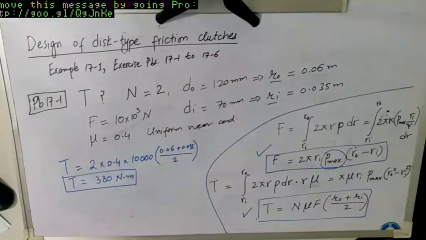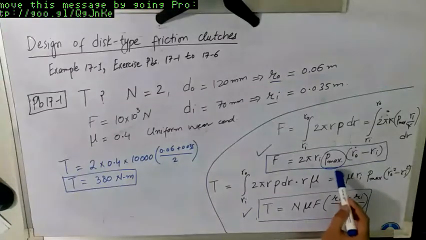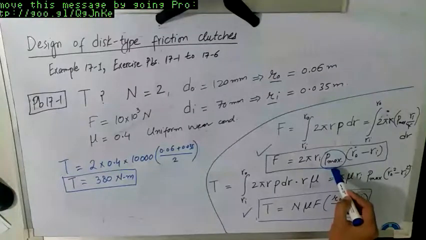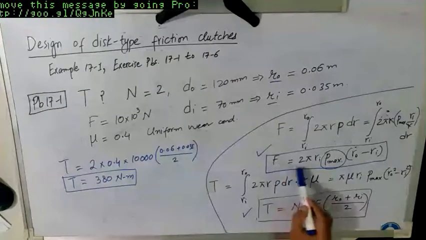Now, in order to answer the other question that has been asked, is the pressure on the lining acceptable? We first need to know the maximum pressure that will be applied on the lining. Here in this formula, you can see that we have the factor of maximum pressure and we know all other factors.